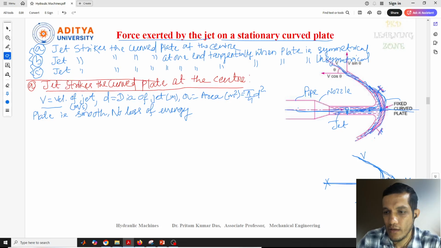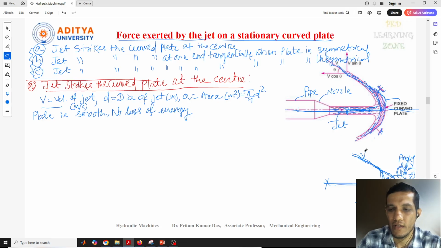This angle will be theta. Similarly, the other side angle will be 180 minus theta. This is what we call the angle of deflection, the angle between the jet of fluid and the fluid coming out from the plate.